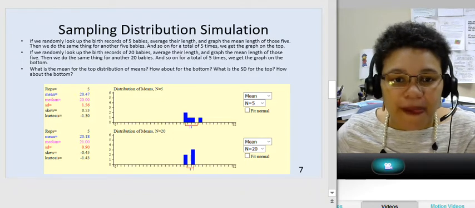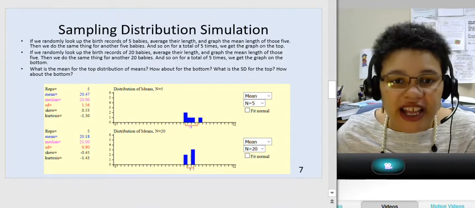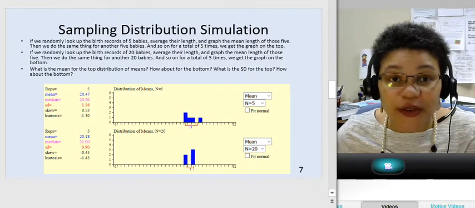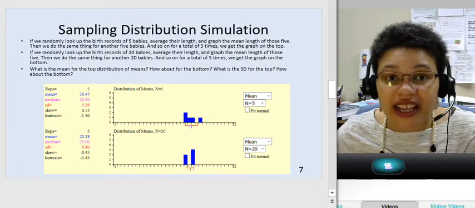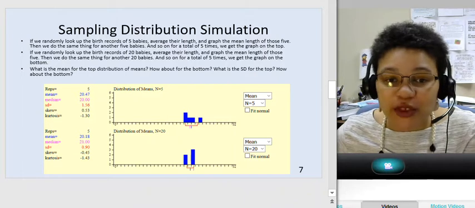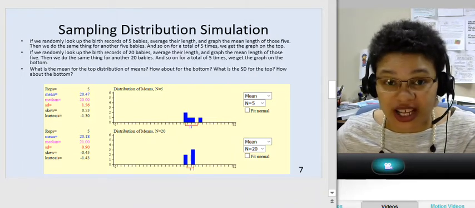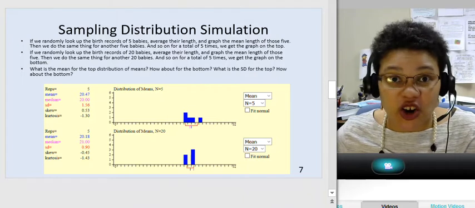Let's see. In blue, we have a mean of 20.47, and in red, a standard deviation of 1.56 for the top graph. For the bottom graph, we get a mean of 20.18, and in our population, we know the mean was 20. So these means are all close.